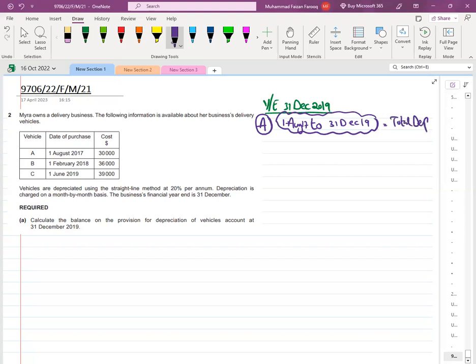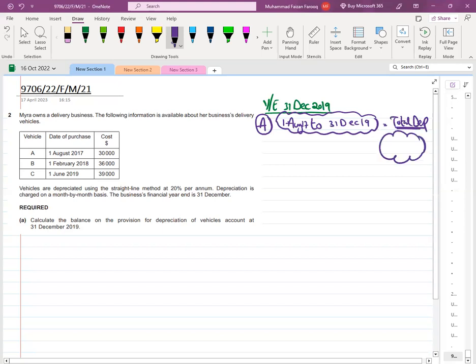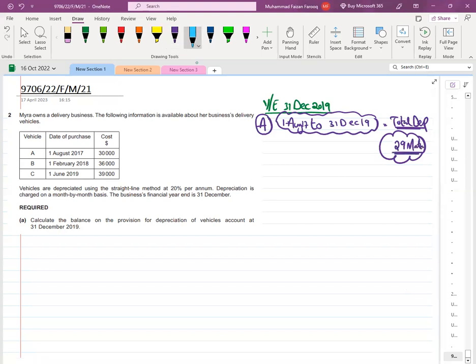Total depreciation is for how many months? Just try to count on your fingers, please. August 17 to December 19, 29 months. Very nice. How should I calculate depreciation? 30,000 is the cost. 20% is depreciation.